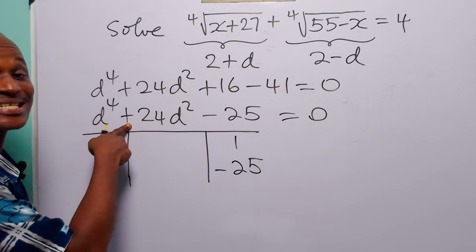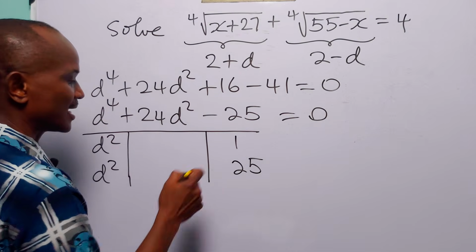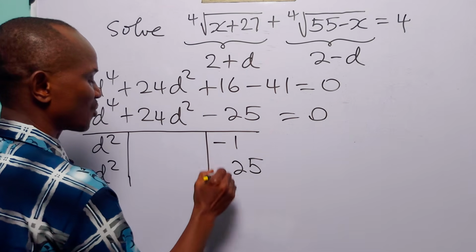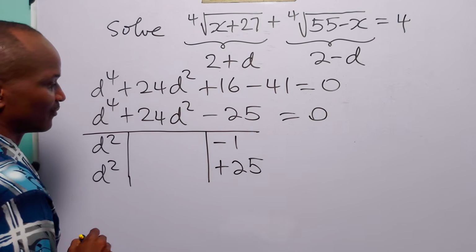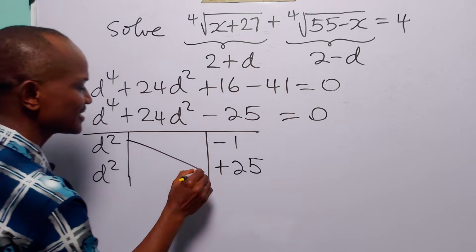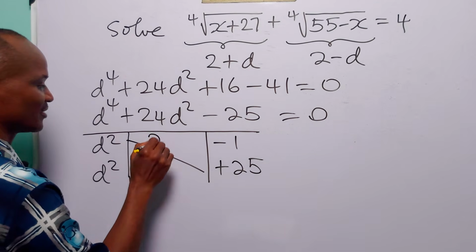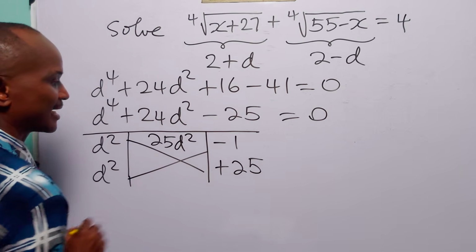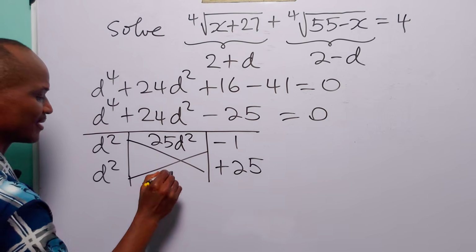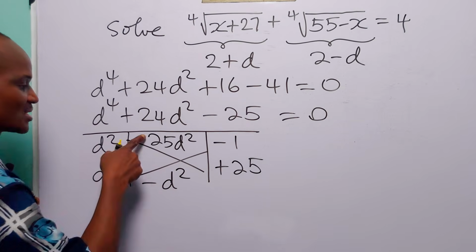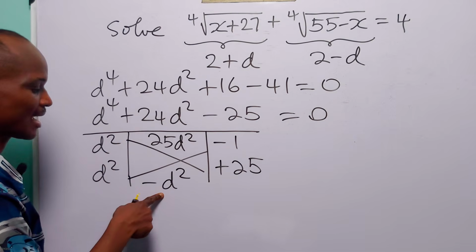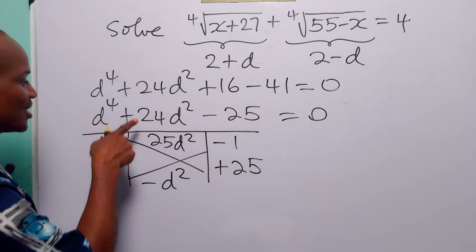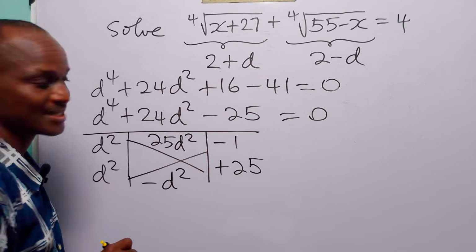Or rather, since this is positive, let this be minus 1 and plus 25. D squared times 25 is going to give us 25d squared. D squared times minus 1 is going to give us minus d squared. And of course, 25d squared minus d squared is going to give us 24d squared.